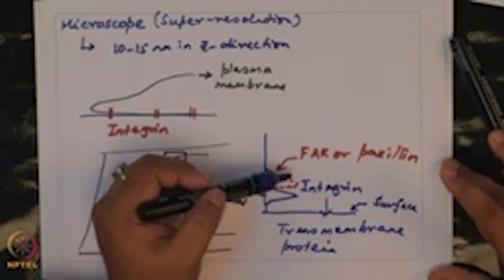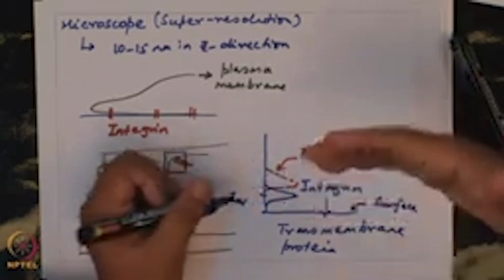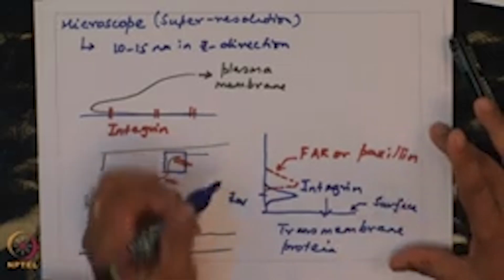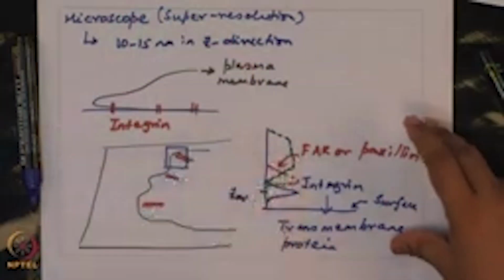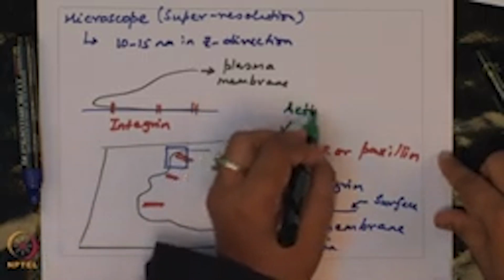Similarly, FAK and paxillin both bind to integrin, and at the same time they do not have a transmembrane domain. So, they are still cytoskeletal proteins, and you must have them slightly above the integrins. In contrast, actin or alpha actinin should have a broad localization deep inside.